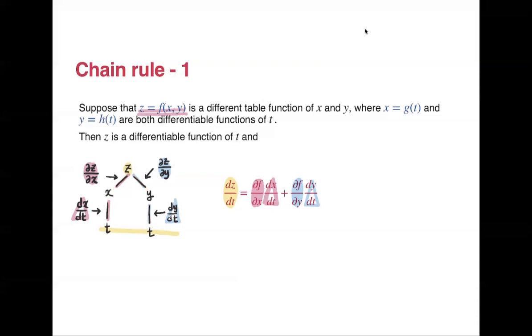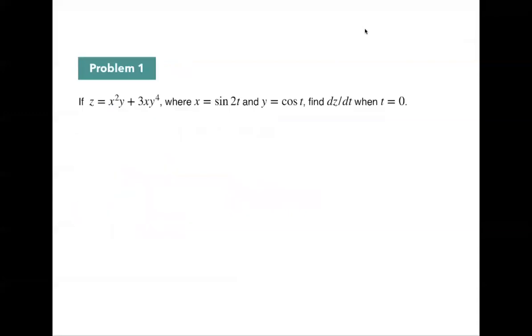Okay, the important thing is applying it to the problem. So let's think about problem one here. Since z is a function of x and y, and x is a function of t, and y is also a function of t, given by cosine t, we want to find dz/dt here.